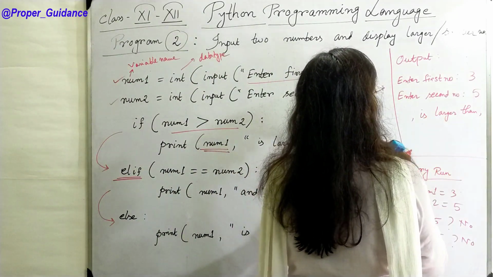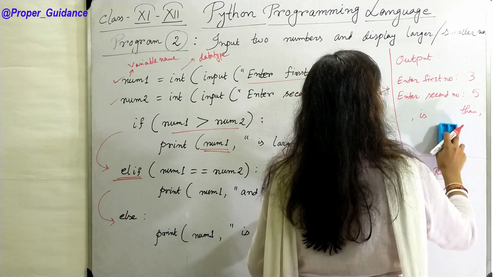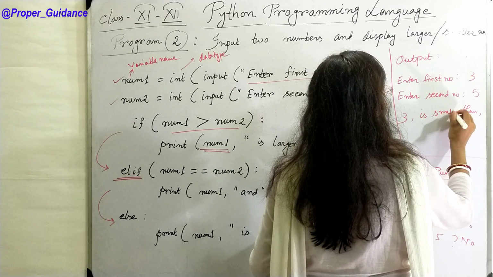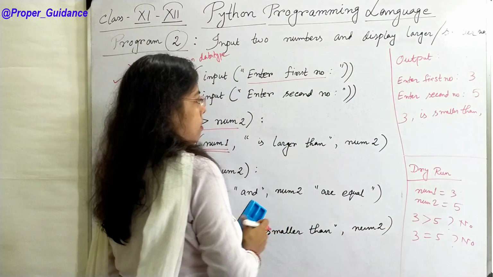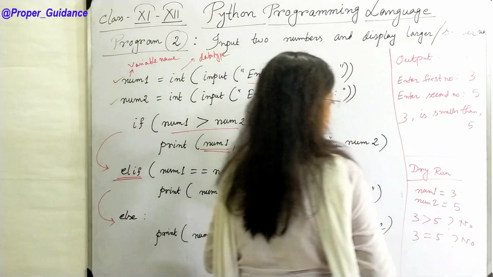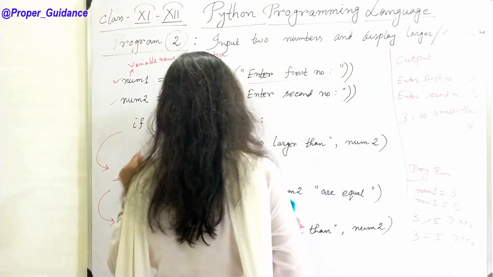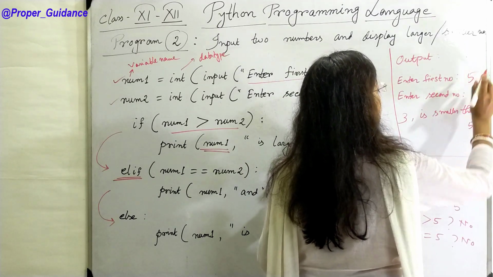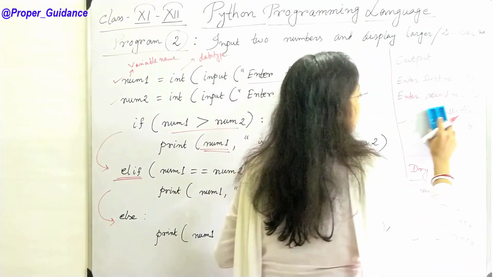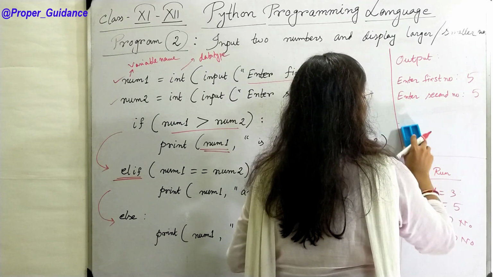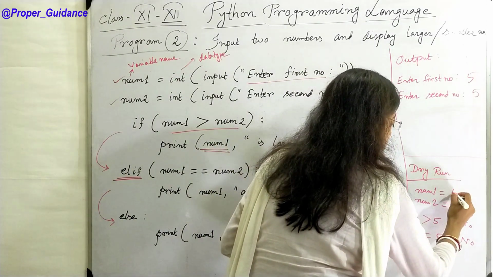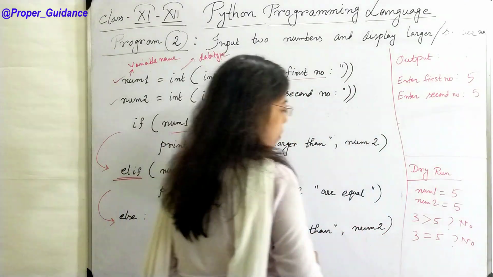It will print like this: 3 is smaller than 5. Okay, and for the equal value, I am taking first number 5, second number also 5. Then num1 will be 5 and num2 will be 5.